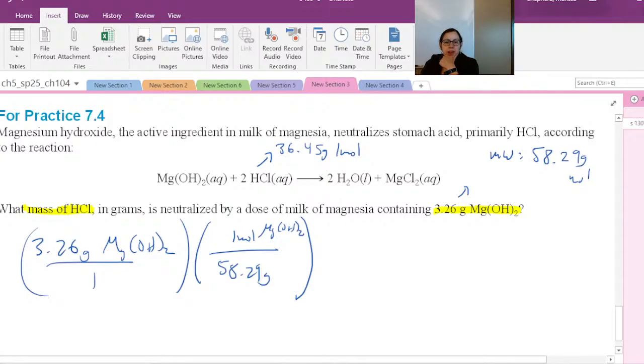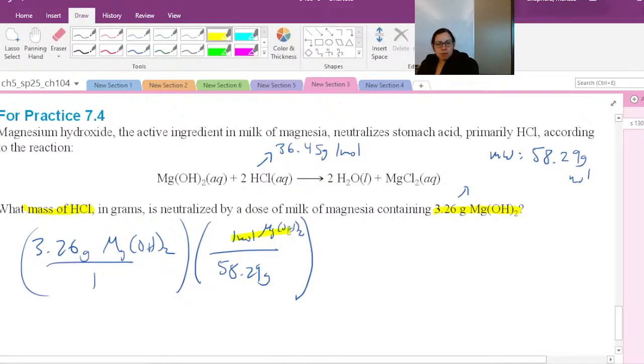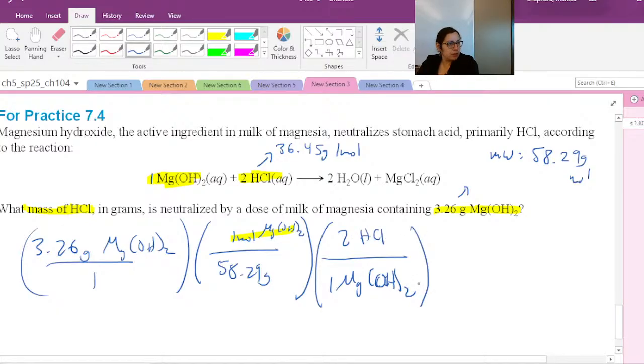Then we set up the mole-mole ratio. Comparing our balanced equation, for every 1 equivalent of magnesium hydroxide, we need 2 equivalents of HCl. I want magnesium hydroxide to cancel, so that goes on the bottom, and 2 moles of HCl on top.